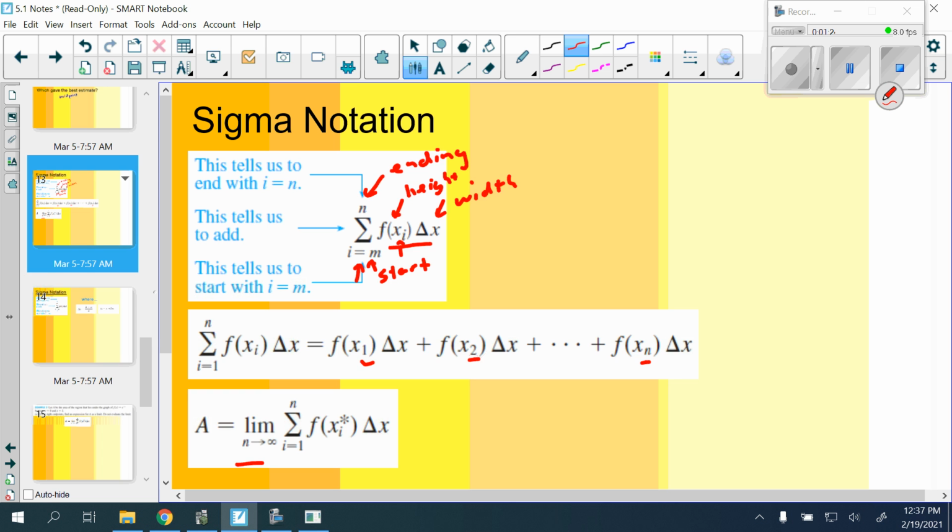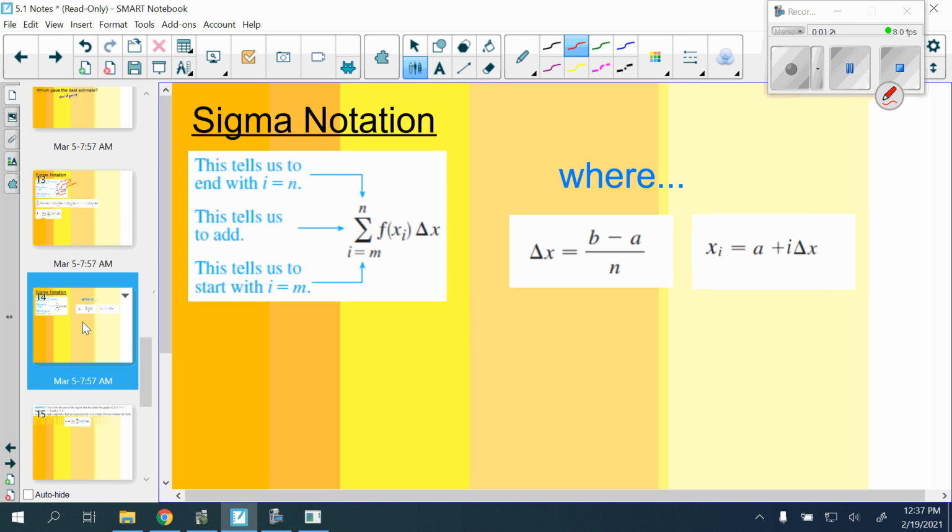So how do we find out that change in x and the x of i there? Our change in x formula is the same thing we've seen before, b minus a over n. Our x of i here, the x that we're plugging in, would be our starting amount, a.